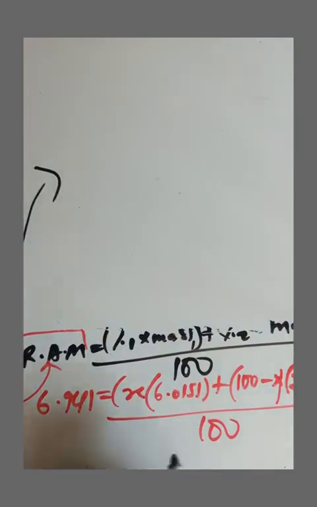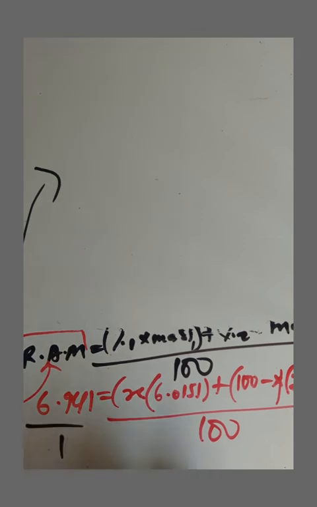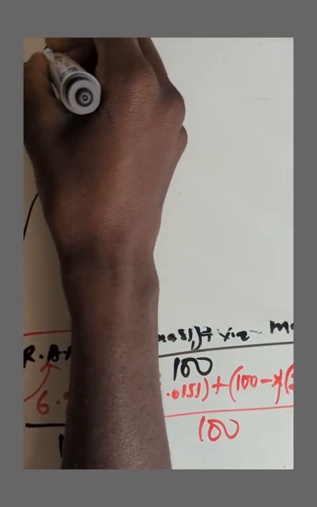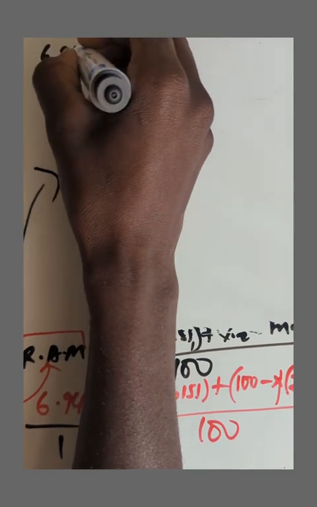Here we can say it's over 1, so that when we cross multiply, we say 100 multiplied by this relative atomic mass. If you multiply this, we get 694.1.